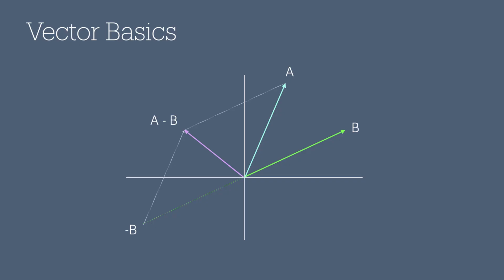After drawing negative B, we can use the same parallelogram rule for addition to find A minus B. In math class, they may have said that subtracting a vector A from a vector B gives a new vector that points from the tip of B to the tip of A. But you can see from this picture this isn't true. The new vector starts at the origin, like all vectors do, and points to a position that is not on A or B at all.